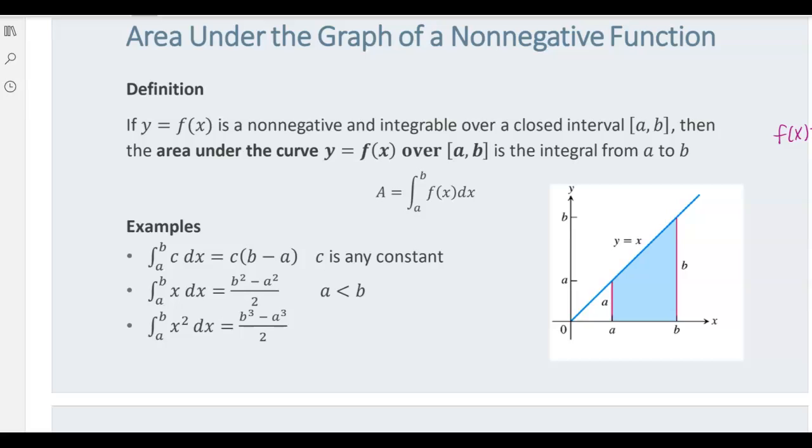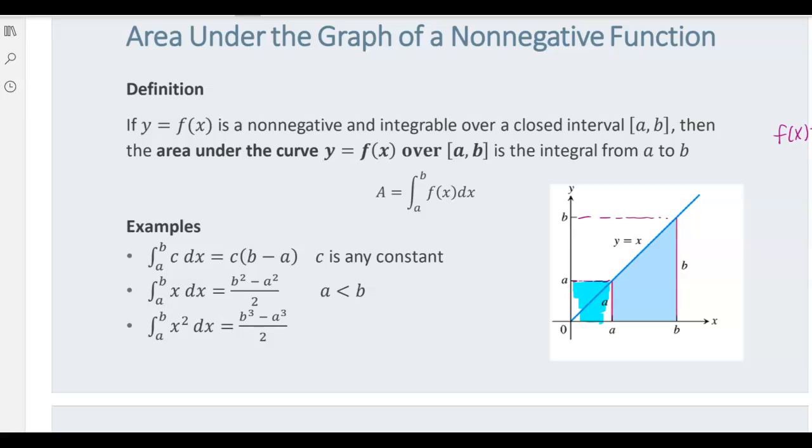The second example is what happens if we integrate the function x, which we can see in the picture over here. I did a proof, it's on Canvas, that shows the algebraic way to think about this using Riemann sums. But looking at the graph, if we were to think about this area, which is b squared, this whole square there, and then consider this area here, which is a squared.